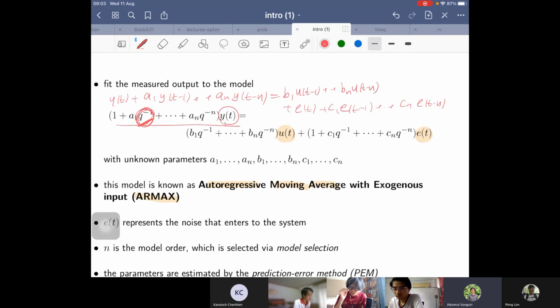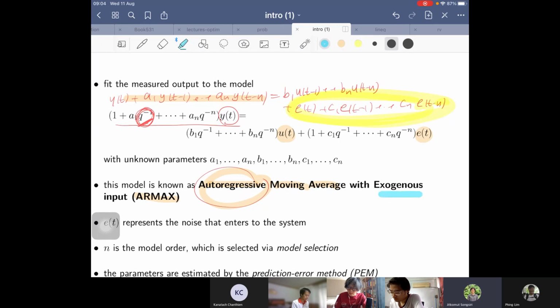Okay, this is called autoregressive moving average because, first, it depends on its own past values. That is called autoregressive. Next, it has a moving average term because it averages the noise from the second lag until the end lags.